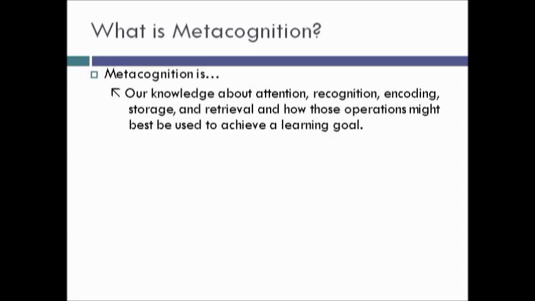What is metacognition? Metacognition is our knowledge about attention, recognition, encoding, storage, and retrieval, and how those operations might best be used to achieve a learning goal. It means metacognition can help us to get the knowledge, to receive the knowledge, to keep it for a longer time also.